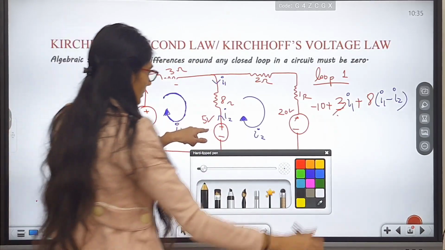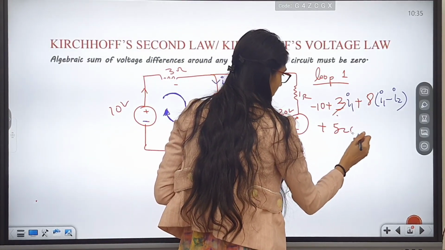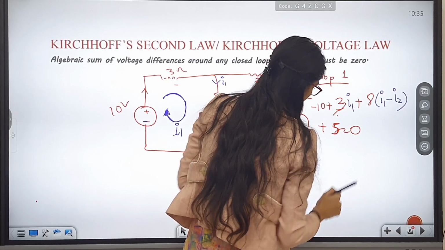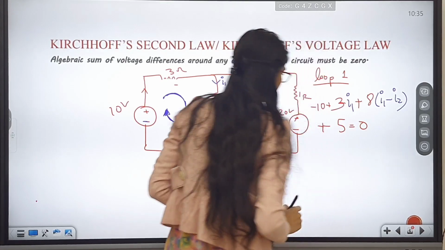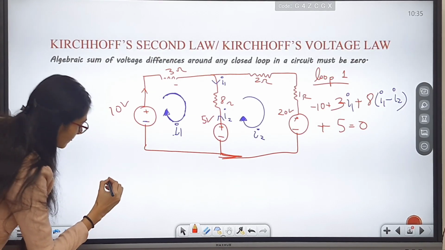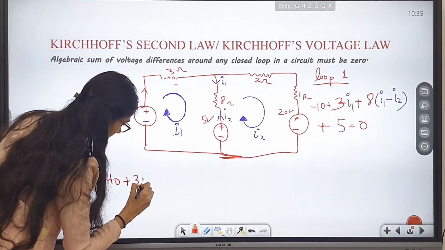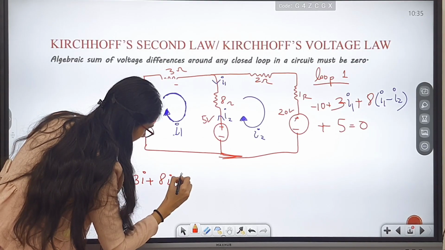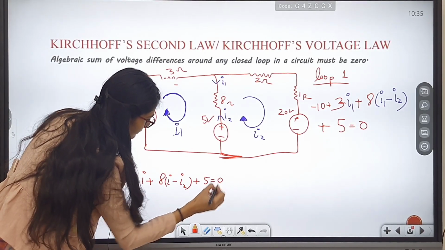And when you came here, you encounter the positive part, so plus 5 is equal to 0. So you have minus 10 plus 3I1 plus 8(I1 minus I2) plus 5 is equal to 0.